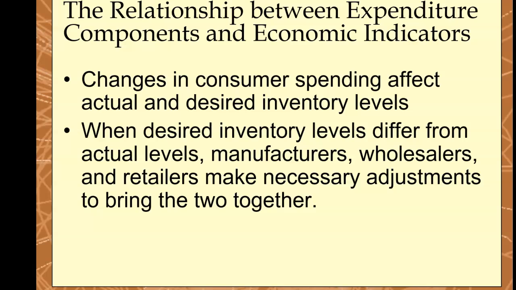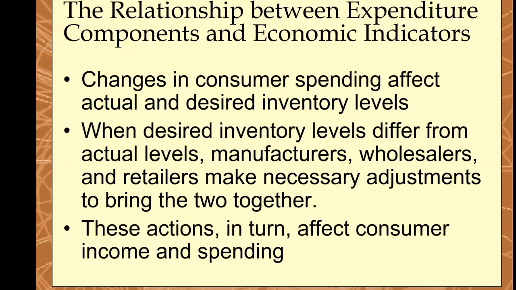So when you have a drop in inventory, wholesalers and retailers will make adjustments to try to get those inventories back up to a level that they feel comfortable with. Now, by trying to increase their inventories, that's going to change production. So this is starting a chain of events that can be measured by economic data.